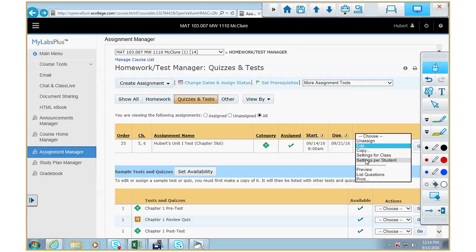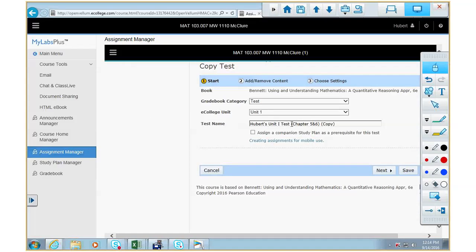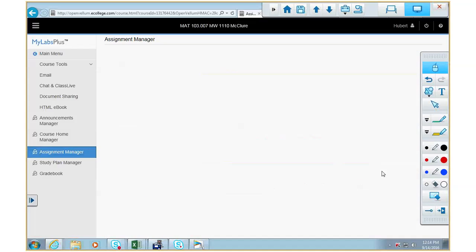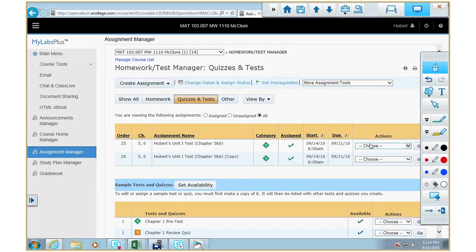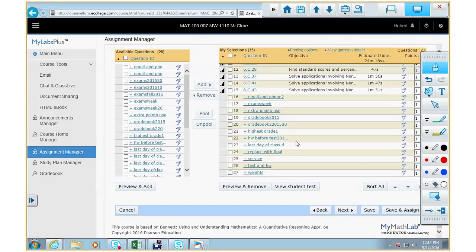Sorry, I have to copy it. I have to delete this one. Assign. It's a conspiracy. There we go. All right, I got to take this one.